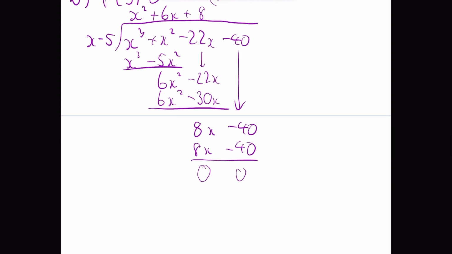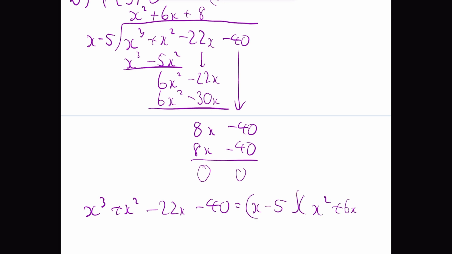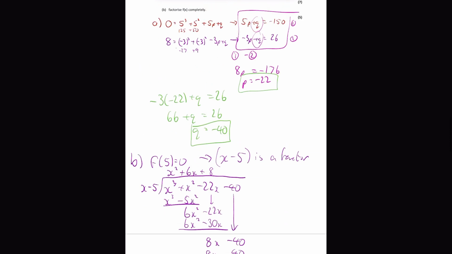So that means that x cubed plus x squared minus 22x minus 40 is x minus 5 times x squared plus 6x plus 8. And we've known how to factorise quadratics for years, so we just factorise this into x plus 4, x plus 2. And that would be it completely factorised.